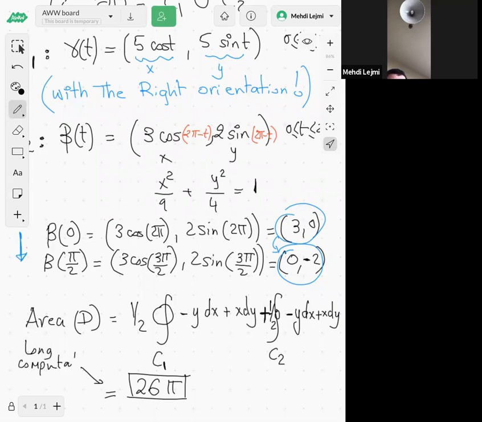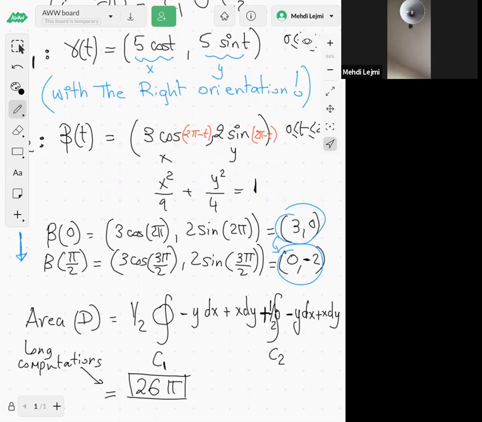But at this point, we should know how to compute the vector line integrals. What's really important is to find the parameterization of your curve with the right orientation. Once you have the parameterization and the right orientation, then I think you are good to go. Okay. All right, guys. Is there any question? Any remark?